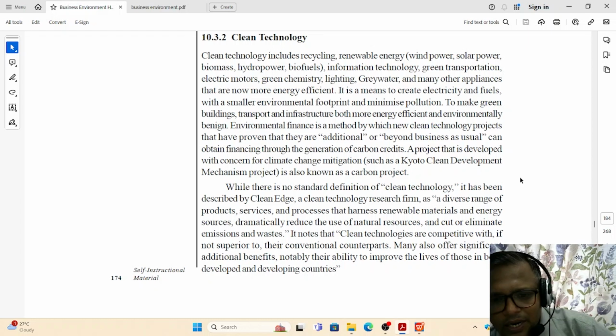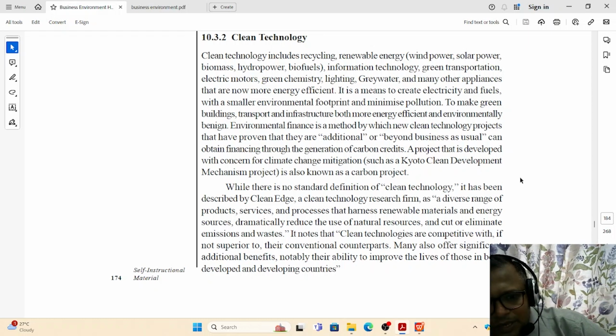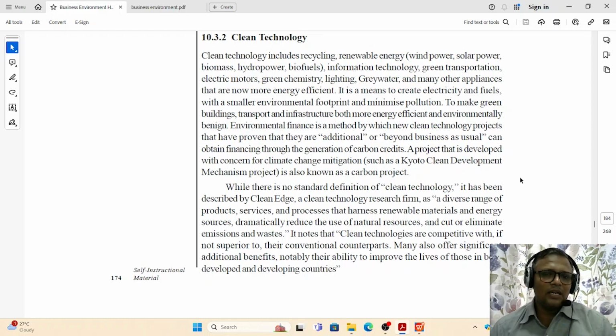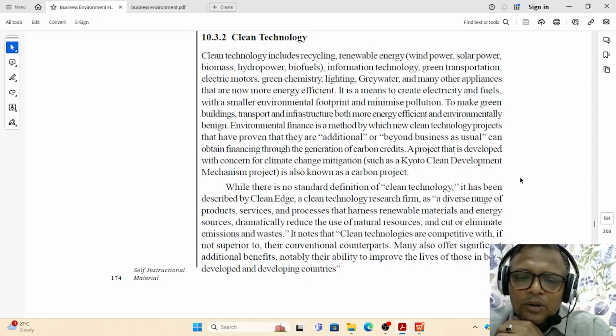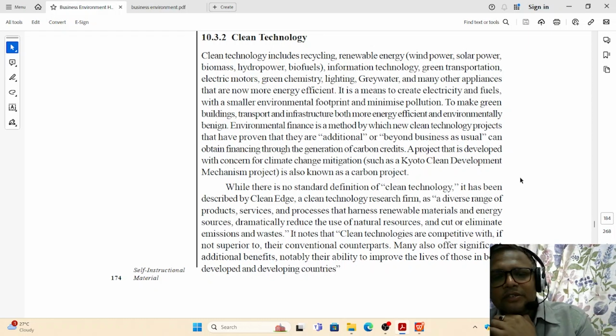While there is no standard definition of clean technology, it has been described by Clean Edge, a clean technology research firm, as a diverse range of products, services, and processes that harness renewable materials and energy sources, dramatically reduce the use of natural resources, and cut or eliminate emissions and waste.